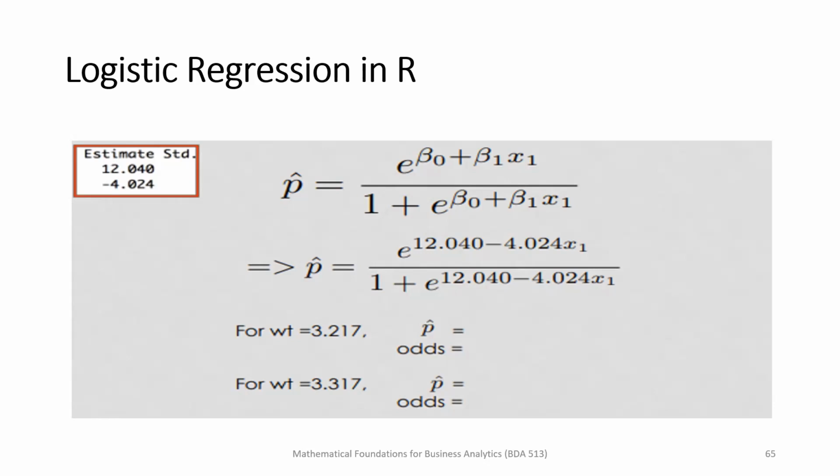What did you get for where the weight is 3 point? It's 0.213. Okay.